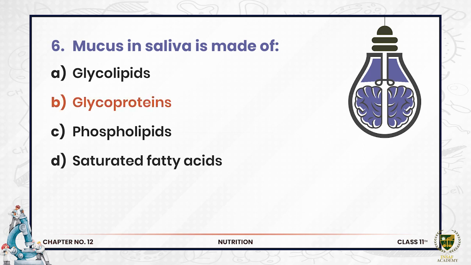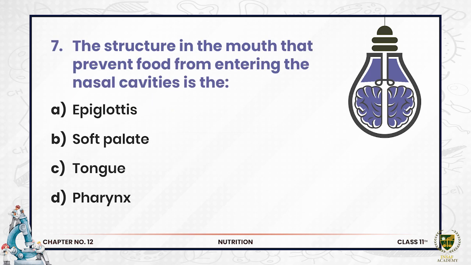So the correct answer is beta, that is glycoproteins. Number 7, the structure in the mouth that prevents the food from entering the nasal cavities is: alpha, epiglottis; beta, soft palate; Charlie, tongue; and delta, pharynx. So the correct answer is beta, that is soft palate.